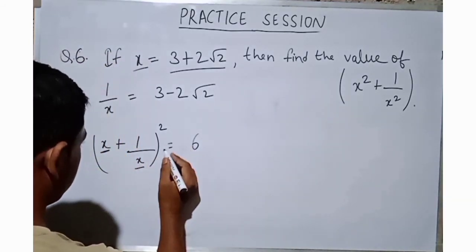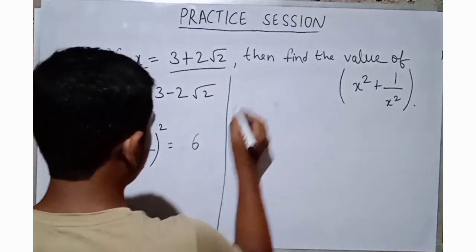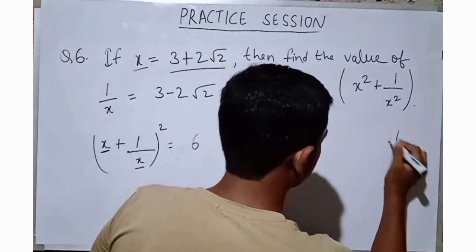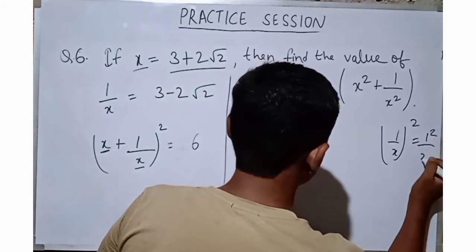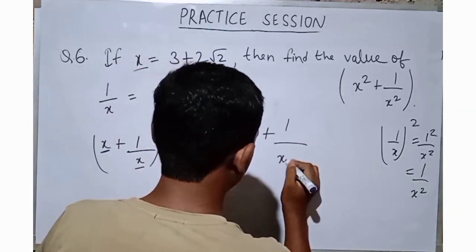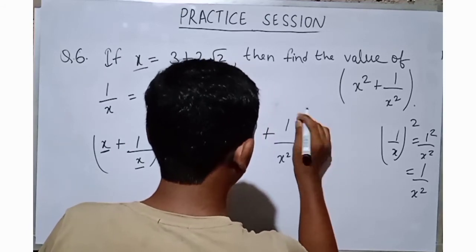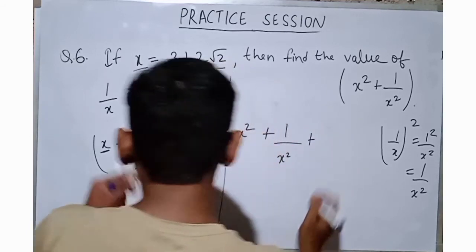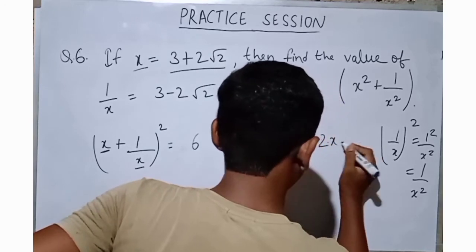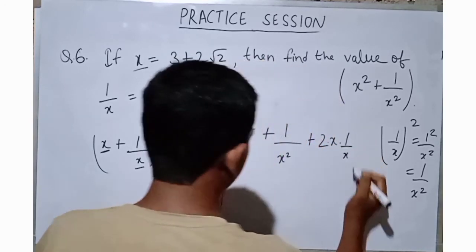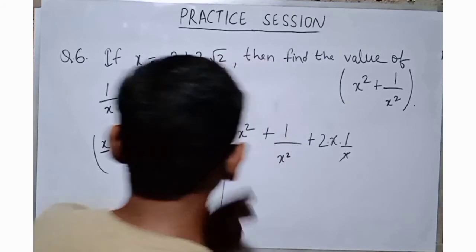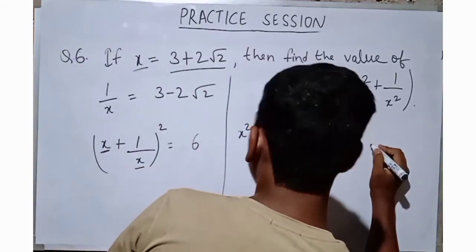So a plus b whole square will be a square plus b square, which is 1 by x square, plus 2ab. 2 into a, which is x, means 2 into x into 1 by x. So x and x get cancelled.